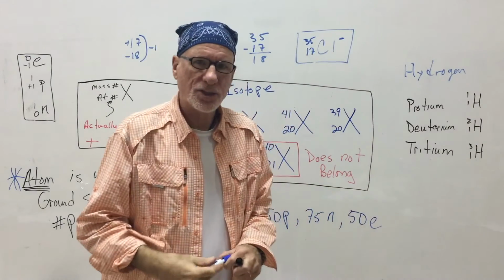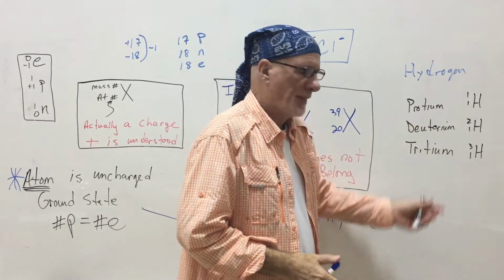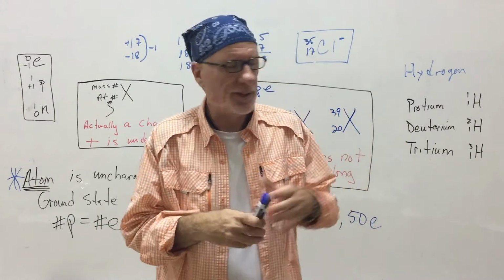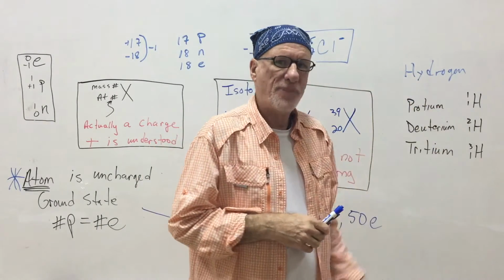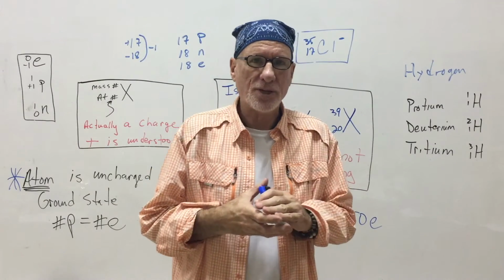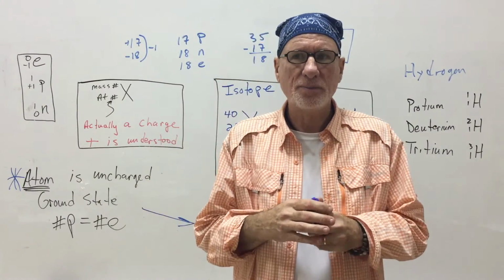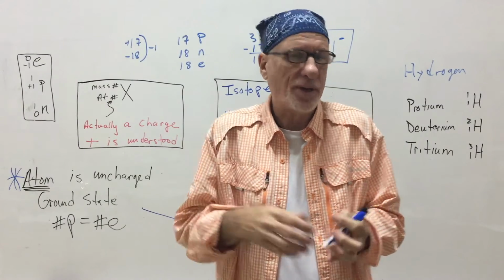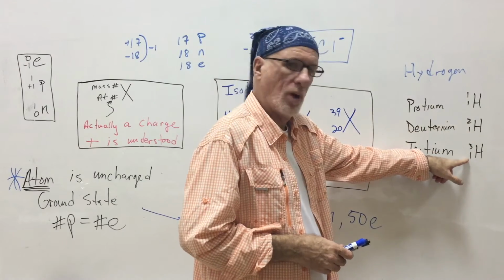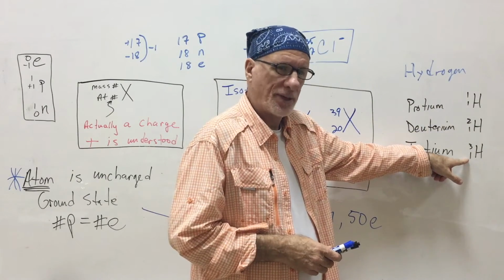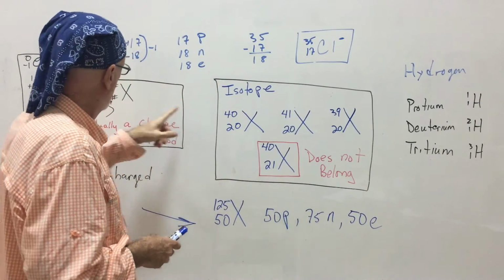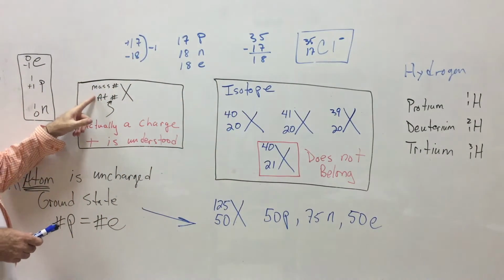An isotope is a variation of a particular element based on the number of neutrons. The number of protons would be the same because it's a particular element. So these are all hydrogen, 1, 1, 1. It's hydrogen, atomic number right here.